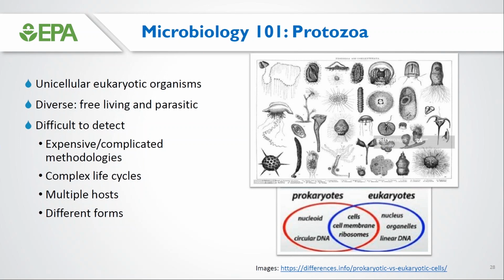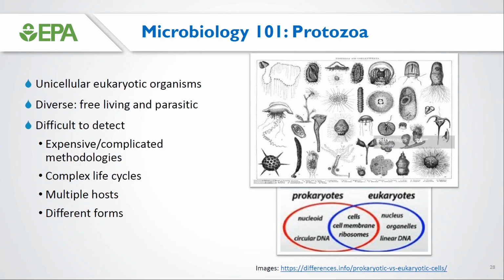This slide gives you an idea of the different morphologies and different types of protozoa that are out there. These are unicellular eukaryotic organisms, so these are more related to a human cell than our bacterial cultures are.